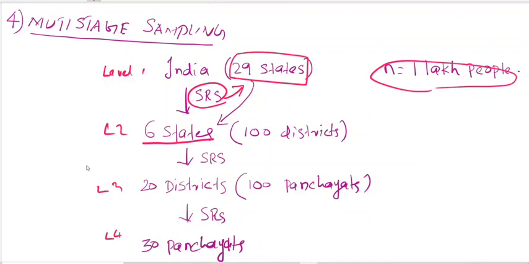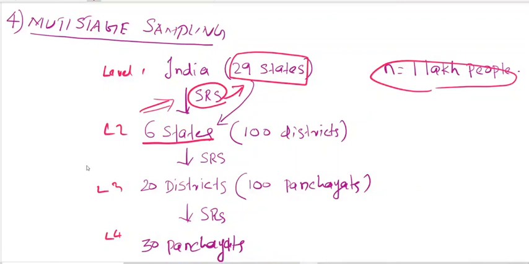So any 6 states we got, but we have done simple random sampling, so it maintained the probability. It is a very good sampling because we have chosen simple random sampling at level 1. So these 6 states represent the 29 states.